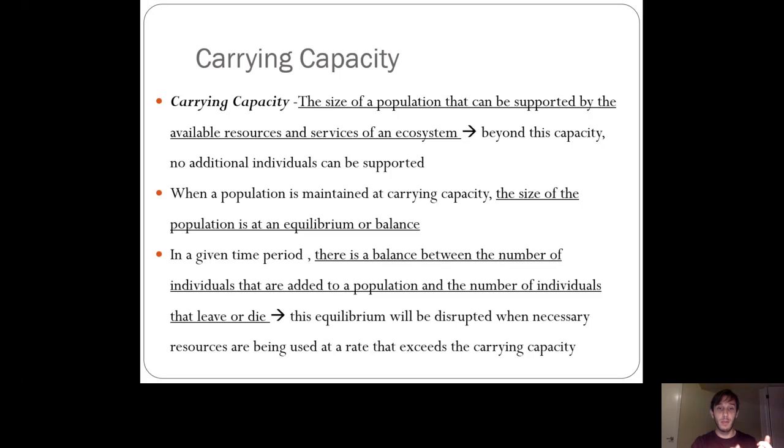Okay. Now, that equilibrium can be disrupted, and there's an example there. And sometimes carrying capacity can be exceeded, and that can have a negative repercussion on the population.